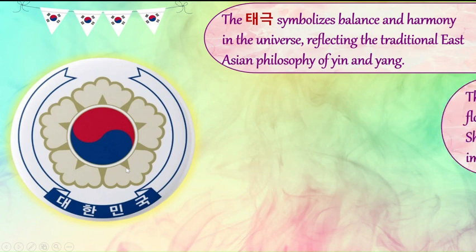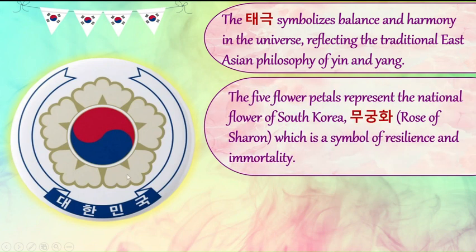Okay? Next is these flower petals. The 5 flower petals represent the national flower of South Korea, mugunghwa, which is commonly known as Rose of Sharon. And mugunghwa is a symbol of resilience and immortality. So definitely it is a very important national symbol for the Korean country, and therefore they have included it in the emblem also.